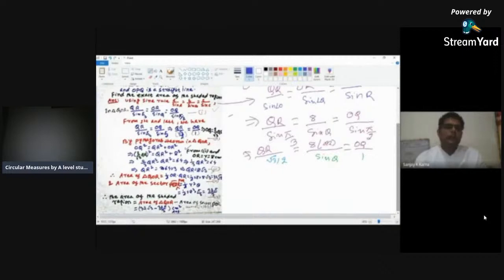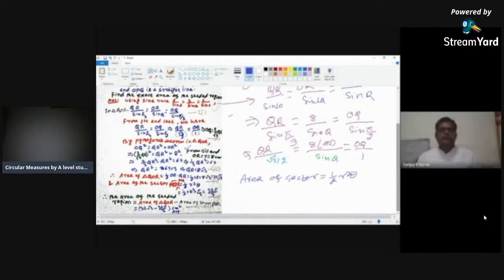Now the area of the sector. You know that the area of a sector is half r squared theta. So we can write here area of sector as half r squared theta. You can name the sector POR, as the center is at O and its points are P and R. So POR is the sector of the circle with radius 8 centimeter in this case.